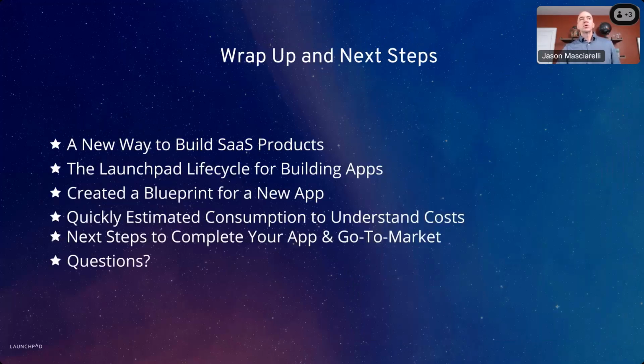Great. So we'll wrap up, and hopefully you've seen how this is a new way to build SaaS applications that are enterprise grade applications. We took you through the full life cycle for how you build with Launchpad, really leveraging Blueprint as your starting point, and then we went through creating that blueprint to develop a new app.